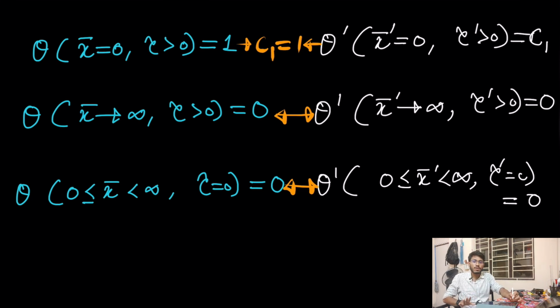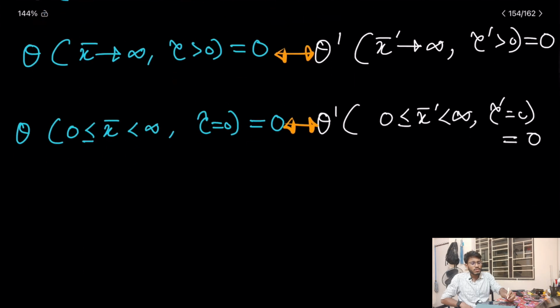I have to find a transformation apart from the identity transformation, but that is not possible if I am having a finite domain. If the domain is finite, then I cannot have any such transformation apart from the identity transformation satisfying theta equal to theta dash, that is, the solution of the original variable equal to the solution of the transformed variable. So this was a very important observation: this type of transformation cannot exist for a finite domain.